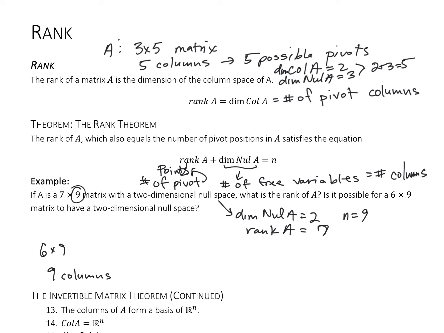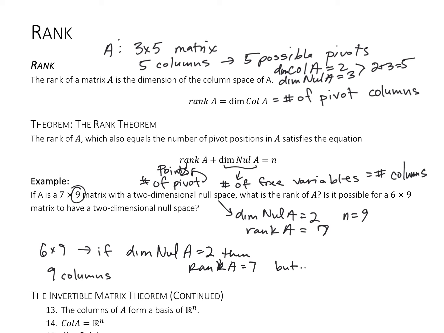And if the dimension of the null space of A is 2, then the rank of A, so we're assuming it's true right now, would equal 7.